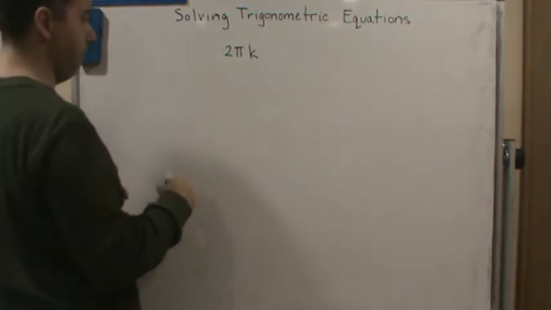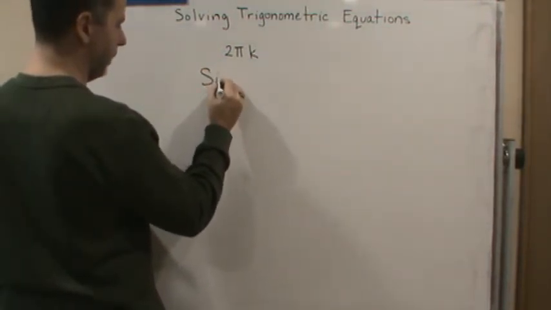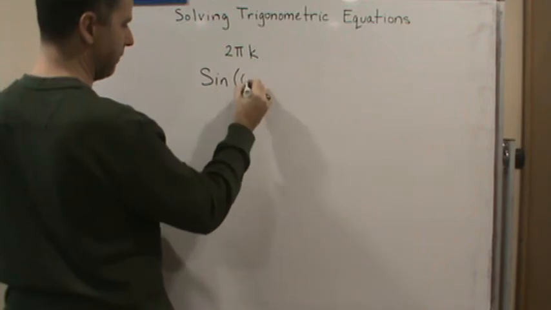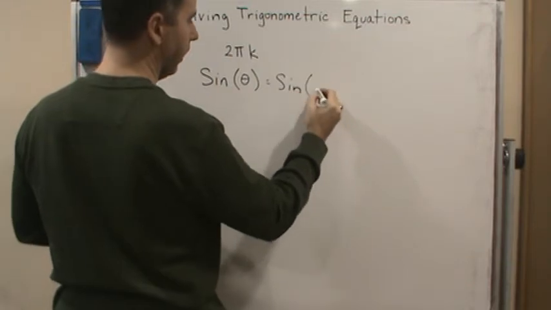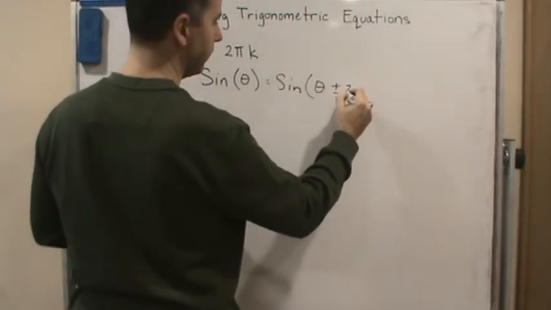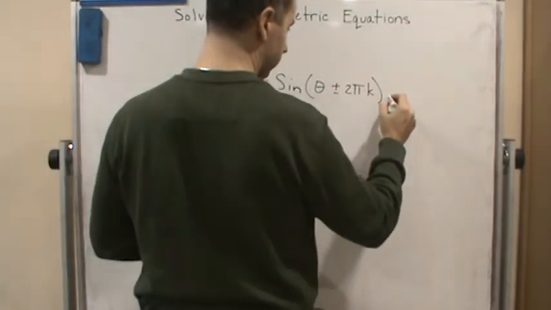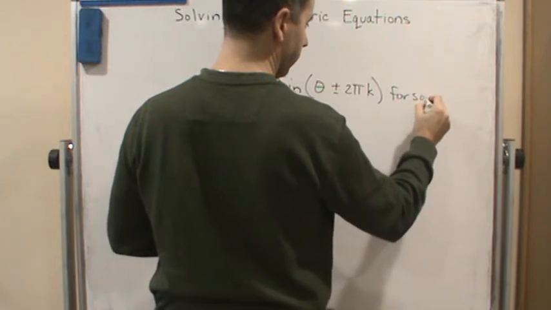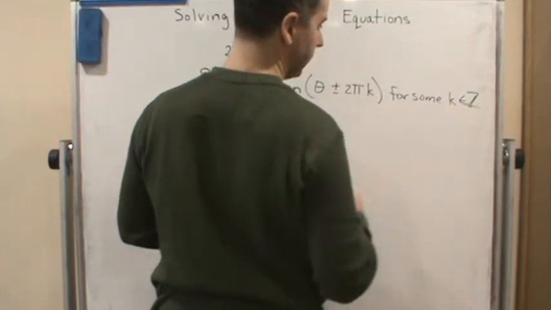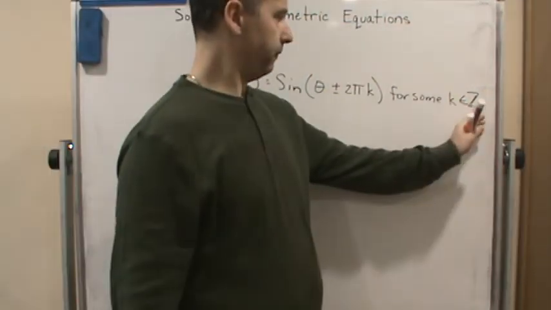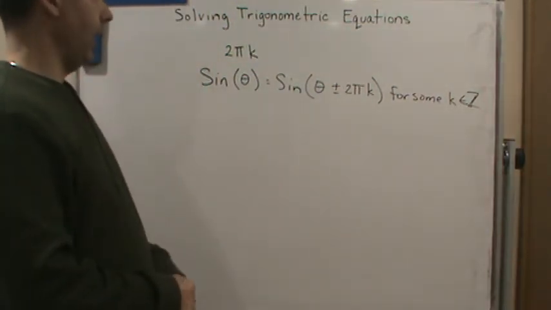So again, as an example using sine, we could say that sine of theta is also equal to sine of theta plus or minus 2 pi k for some integer k. And again, this boldface Z is the symbol for the set of integers, okay?